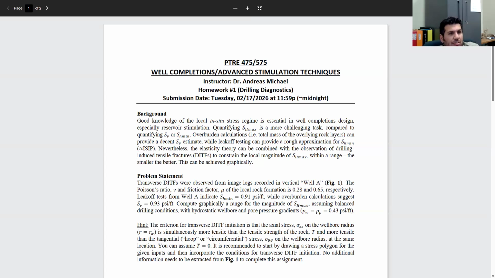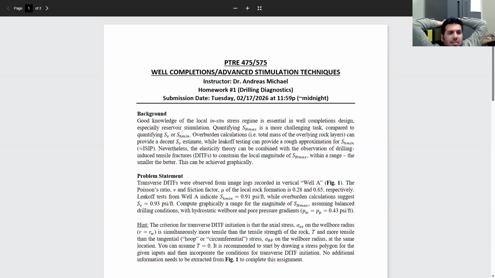Overburden calculations, i.e., total mass of the overlying rock layers, can provide a decent SV estimate, while leak-off testing can provide a rough approximation for SH mean from the ISIP, which we mentioned earlier in this class.